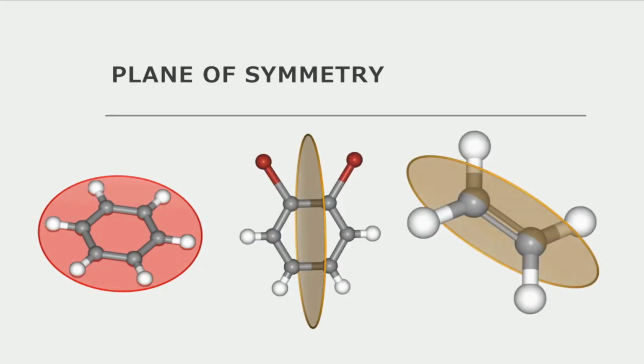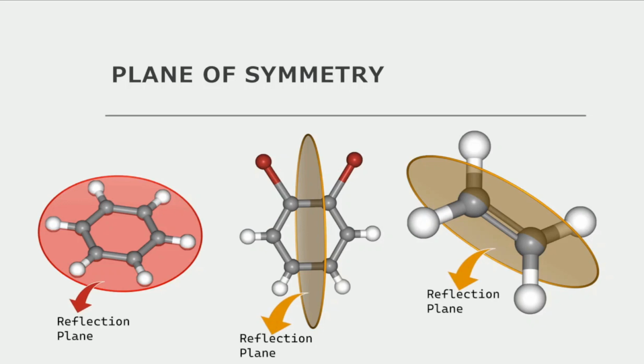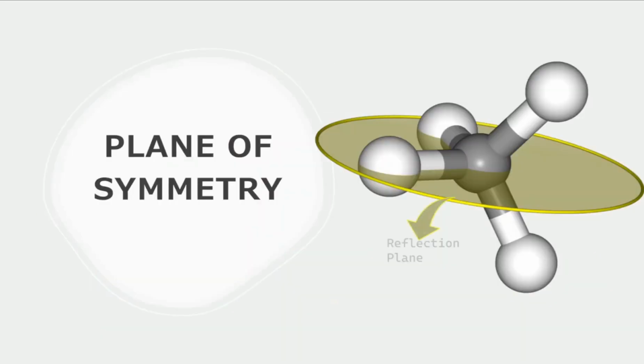Now suppose there is an atom that does not lie in a plane. Then in order to have a plane of symmetry, there should be a similar atom on the opposite side, on the negative of itself. Or in short, we can say all atoms of a given species that do not lie in a plane must occur in even numbers. Let's take the case of methane.